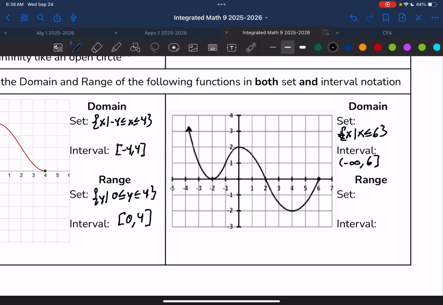For the range, for the set, it is all values y, where y is greater than or equal to -2. And even though it looks like it stops here, we see that it goes back down and then continues up. So it does go on to infinity. So we can write that in interval notation as [-2, infinity).